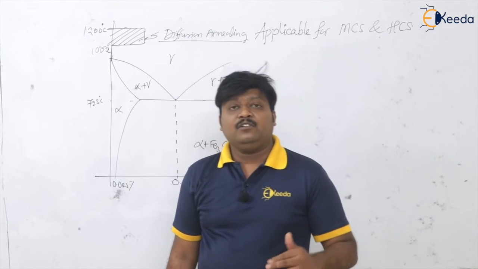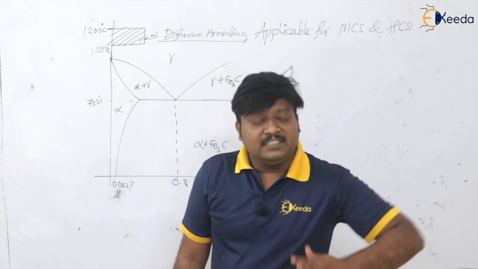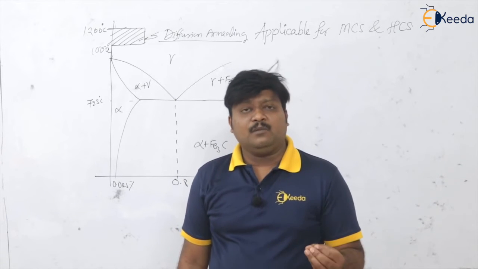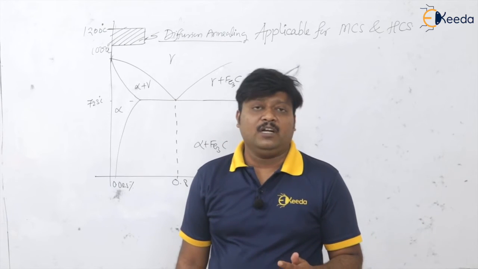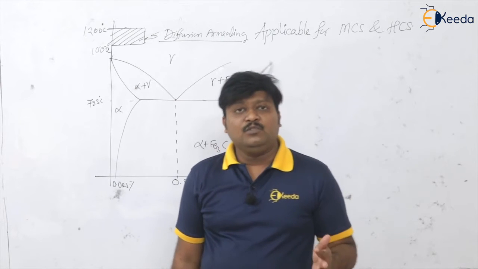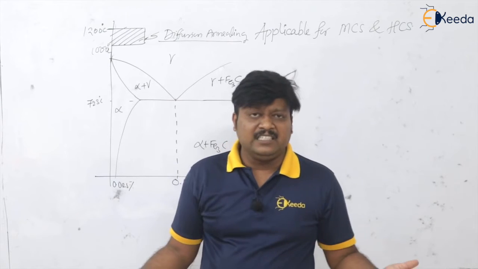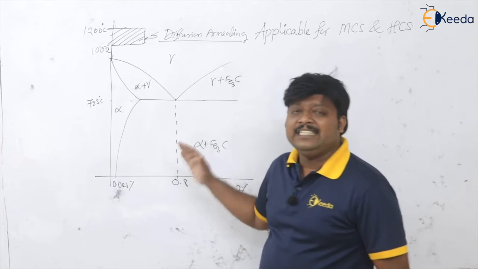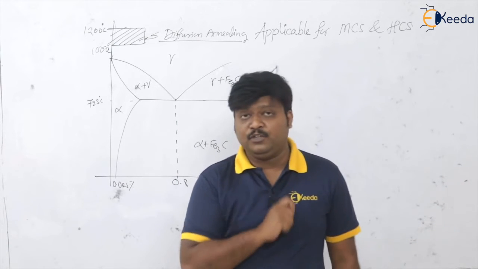When we are talking about components made by casting and welding processes, there is a huge amount of non-uniformity in the chemical composition of the product. To homogenize that, that is, to remove the heterogeneity in the chemical composition in the case of heavy castings or welded components, we are doing this heat treatment process, that is diffusion annealing. Please note down these points.